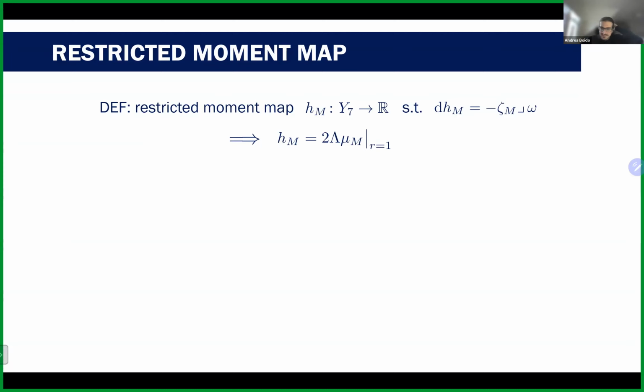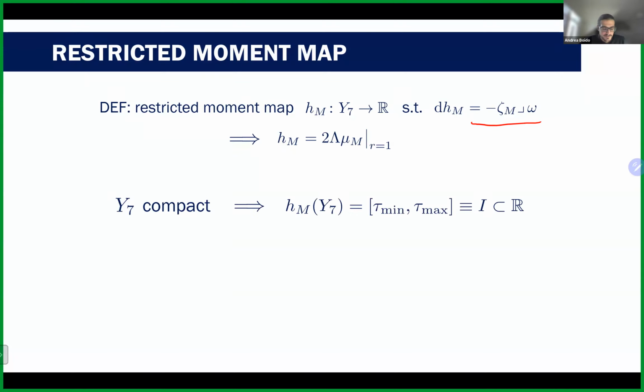It's essentially the same thing, but defined on Y7 rather than on the whole X4. So it will satisfy this equation with omega rather than J. Once you have deformed your geometry, this HM is given by 2 lambda times mu m, and then you restrict that to r equal to 1.